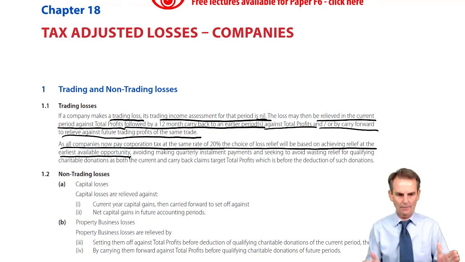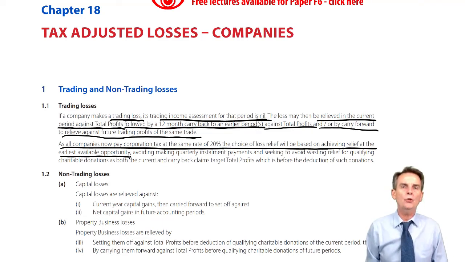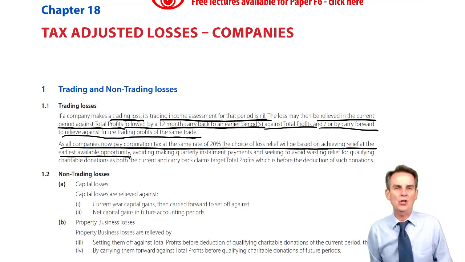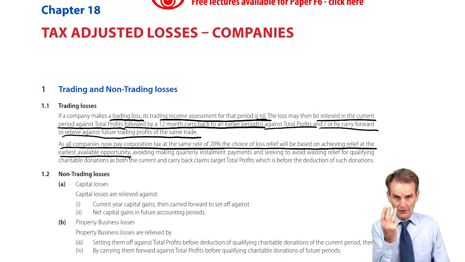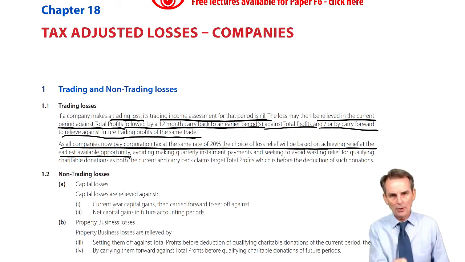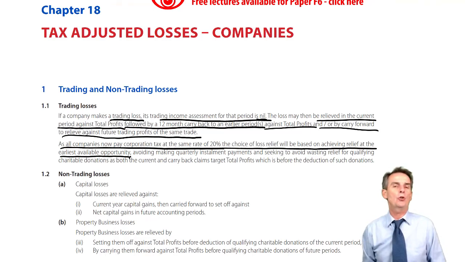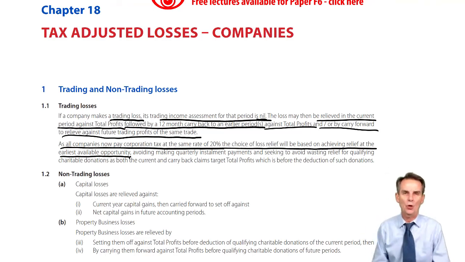If a question said, here are the relevant accounting periods and here is your loss, and they want you to claim relief at the earliest available opportunity, in terms of the 3 main reliefs I've made reference to, current period, carryback, carry forward, what would be the order in which you would apply those losses? What would that order be?